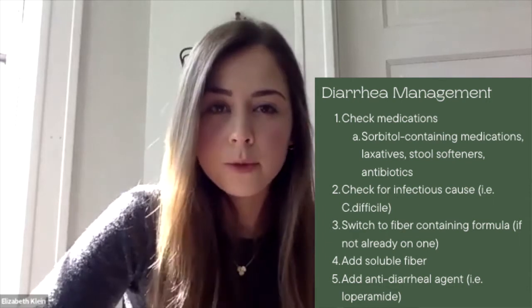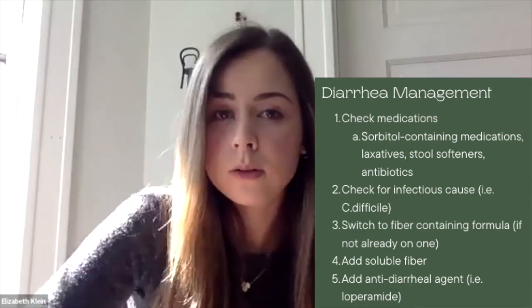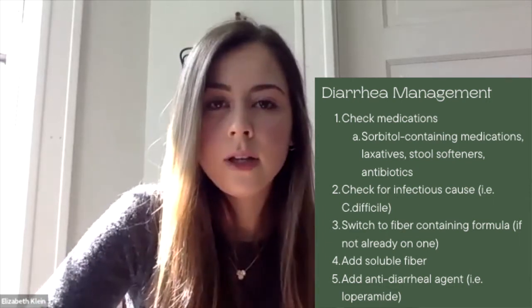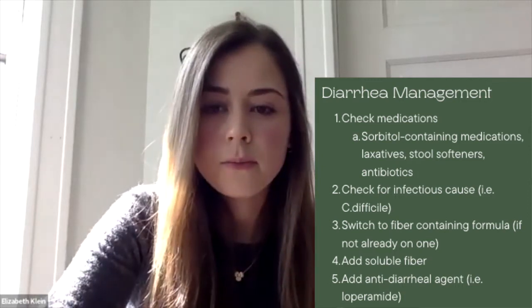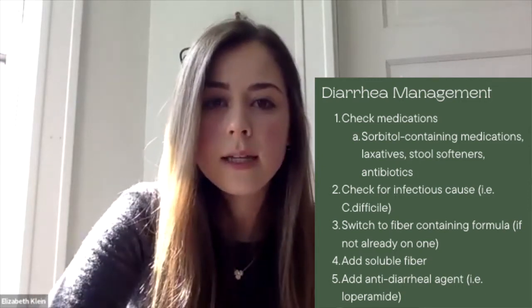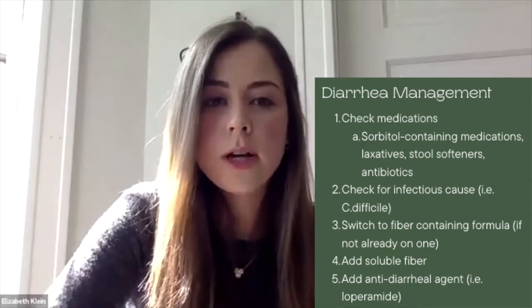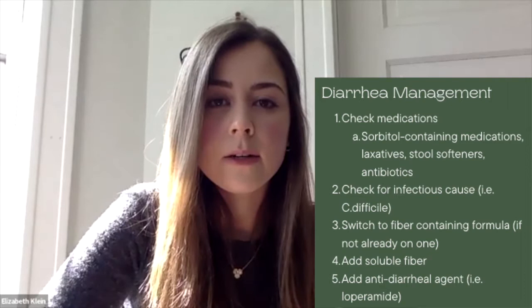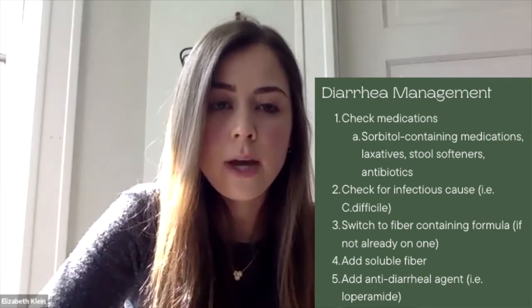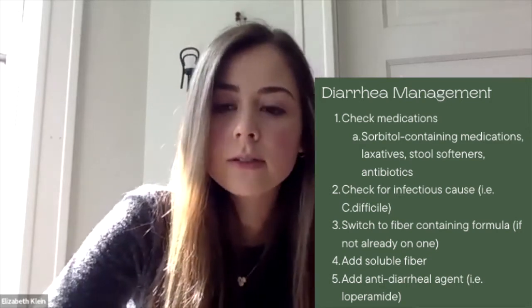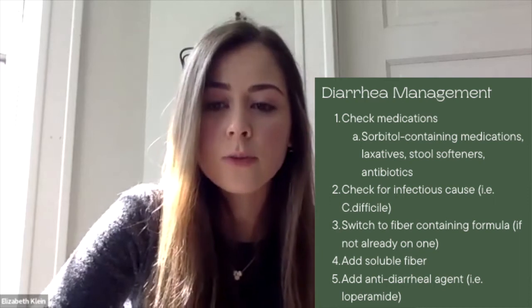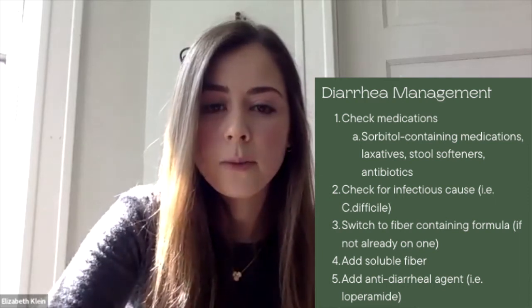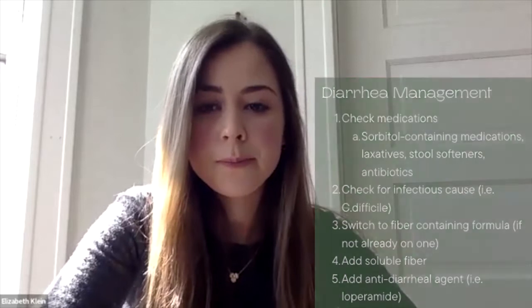The soluble fiber will help to bulk the stool and hopefully not have as loose of bowel movements. And then lastly, let's say you've looked at all these things and the patient's still having diarrhea, you can ask the provider to add an anti-diarrheal agent such as loperamide to help slow the patient's stool output.